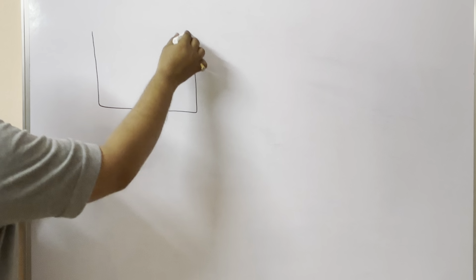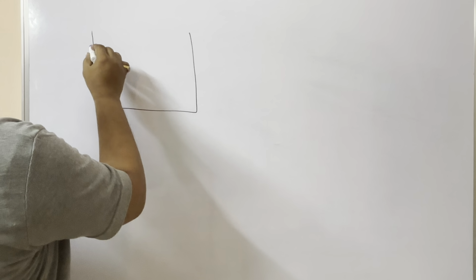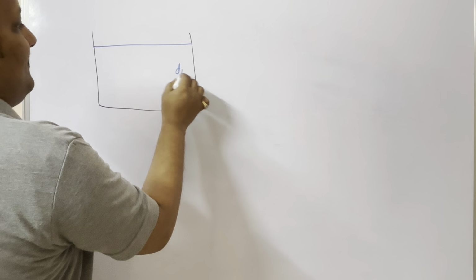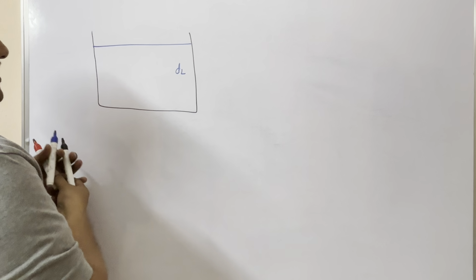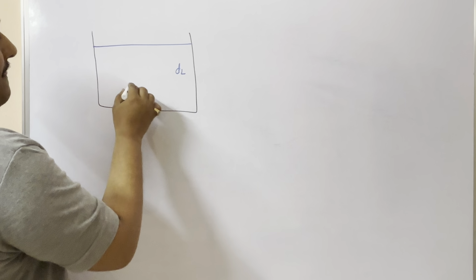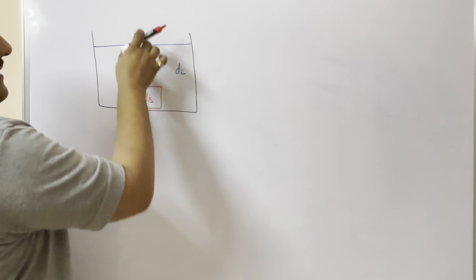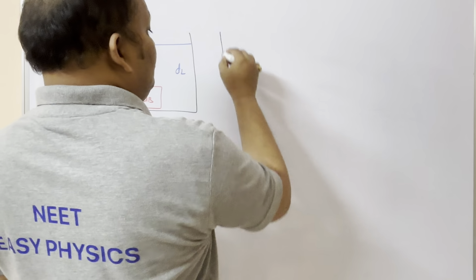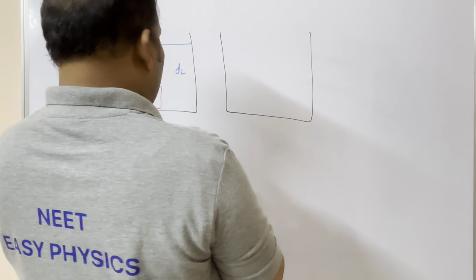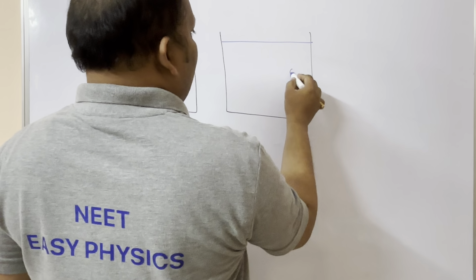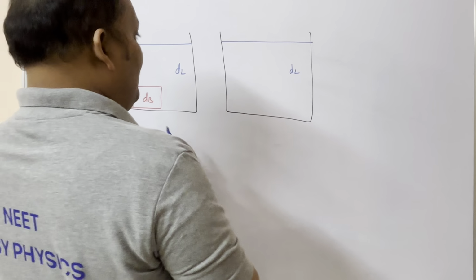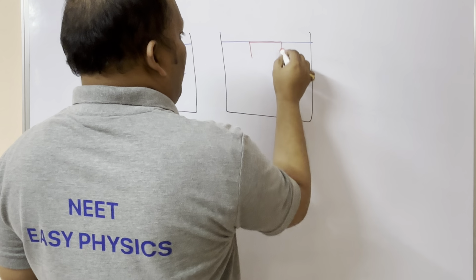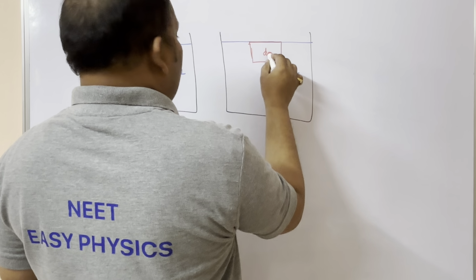Just see, if an object is placed in a liquid, the density of the liquid is dL and the density of the body is dB. It is immersed completely and comes to the bottom of the vessel. Next, another object we have taken, with its own density of the body.